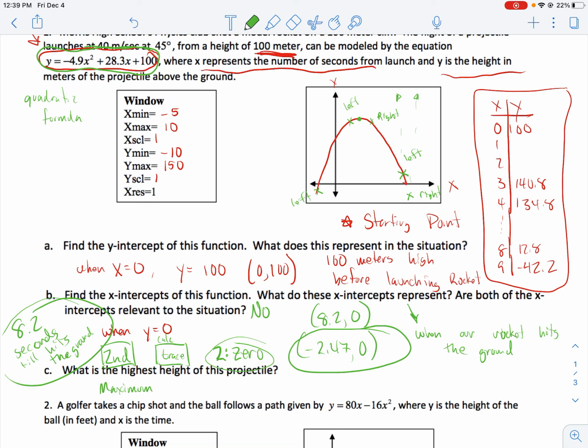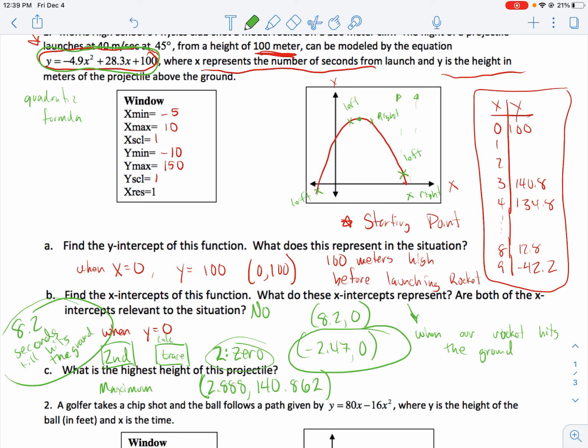And so our vertex, okay, or our maximum value, all right, is when x is equal to 2.88, okay, our y value is 140.862.